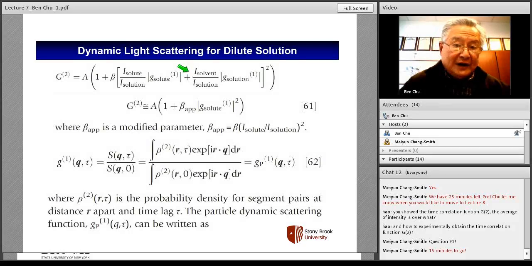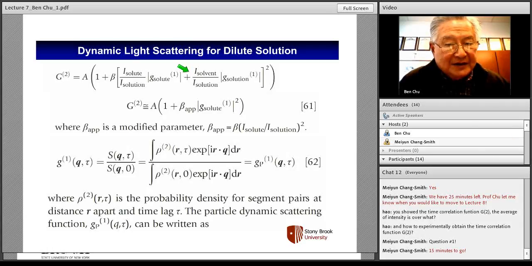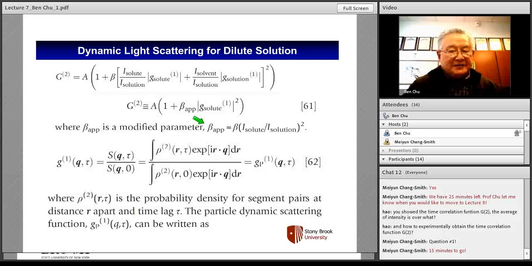The value that I had before, which was almost 1, only becomes 1/4. So for a weakly scattering solute, in comparison with that of the solution, the coherence efficiency is going to come down very quickly. And that is something you need to be careful about when you're doing the experiment.